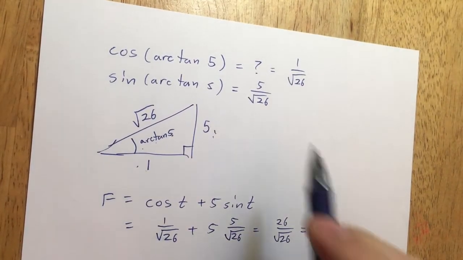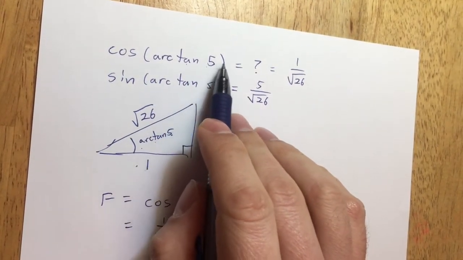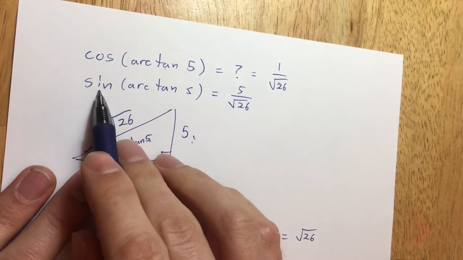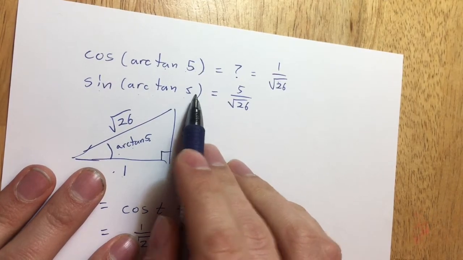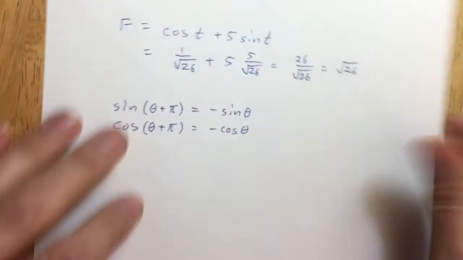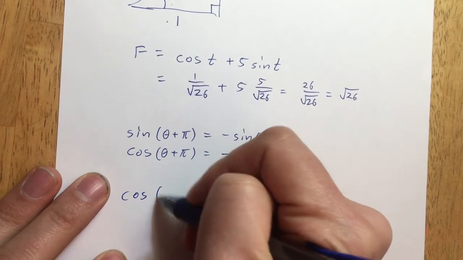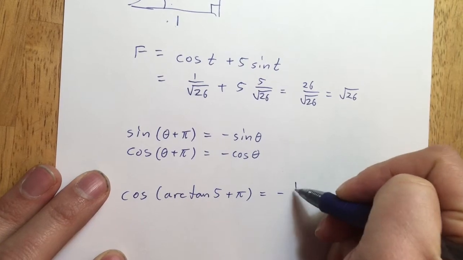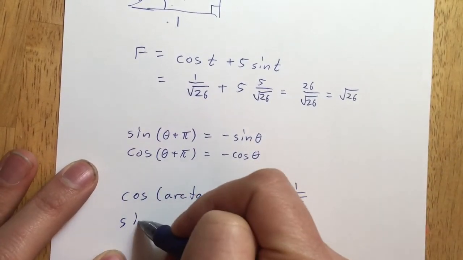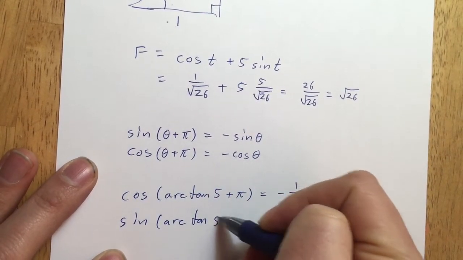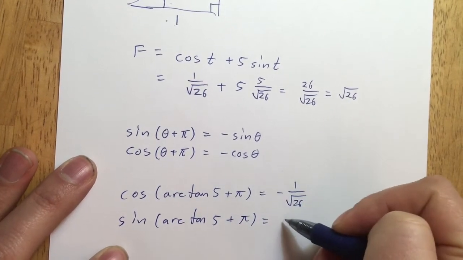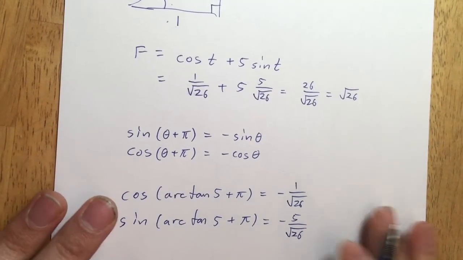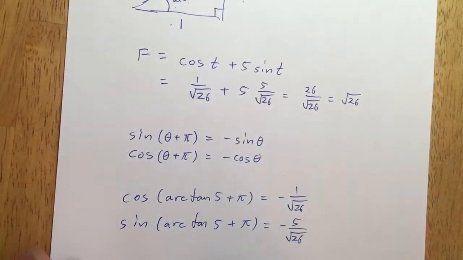So if I look at my other value of t, which was arctan 5 plus pi, cosine of arctan 5 plus pi is negative this, and sine of arctan 5 plus pi is negative this. So plug those into our expression for f.